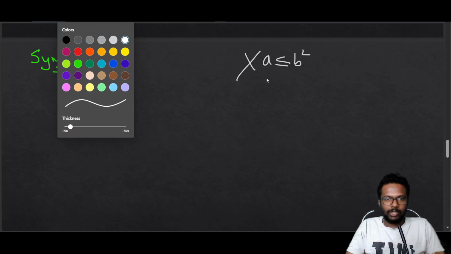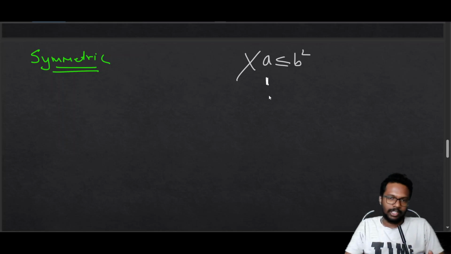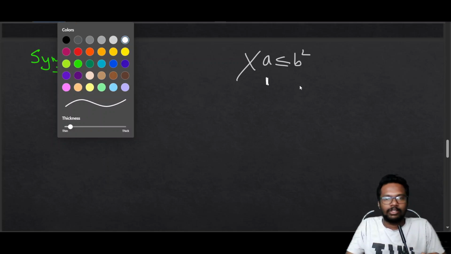If we take a small number first, 1, and a big number, 2 or 3 — better to remember take 1 and 2 only. If you take 1 and 3 also, symmetric will fail, so R will be not symmetric.